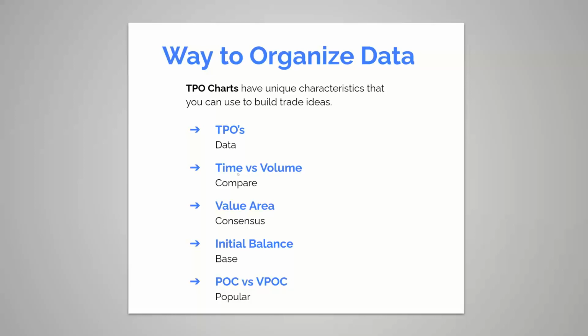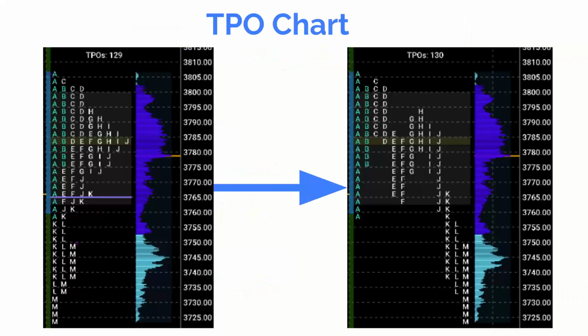Time versus volume, and the word I use there is compare. Going back to the previous slide, this is a time profile, the letters, a time-based profile. As price trades over time, it puts these TPOs in and builds a profile.